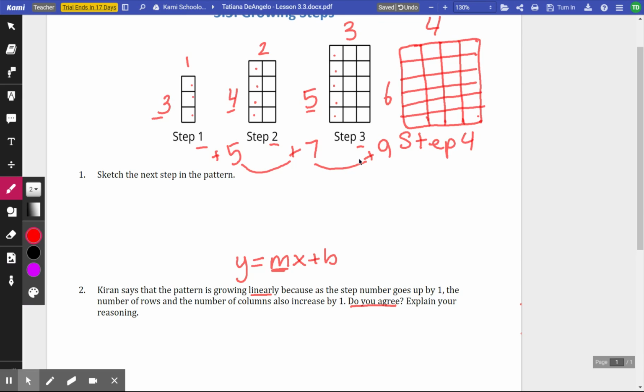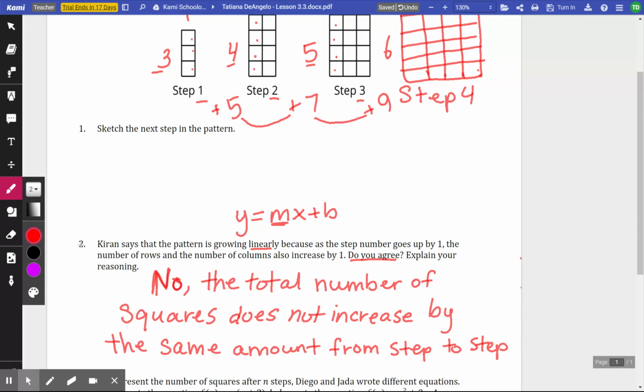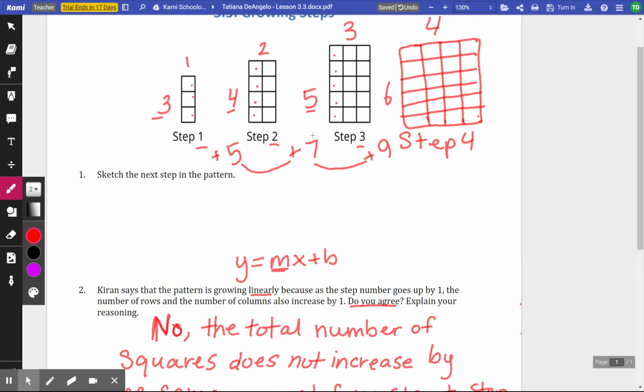It's also increasing each time that it goes up. So therefore, no, it does not have a constant rate of change. So again, my answer is no, it is not growing linearly. The reason is that the total number of squares does not increase by the same amount from step to step. As we just saw, this one is going up by 5, now it's going up by 7, now it's going up by 9.